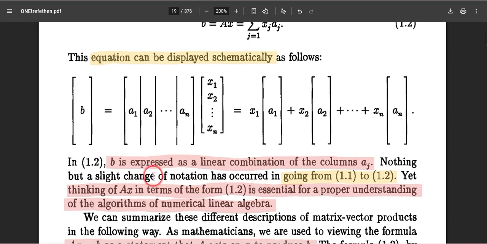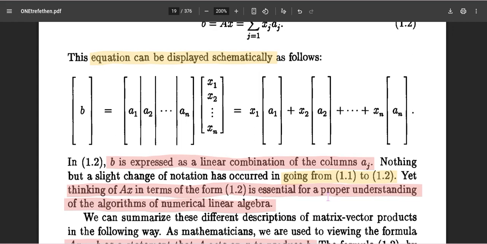So the resultant vector b is expressed as a linear combination of the columns a_j. This is a slight difference in interpretation. The result is the same, the vector b, but the way we interpret equation 1.1 and equation 1.2 is a bit different.